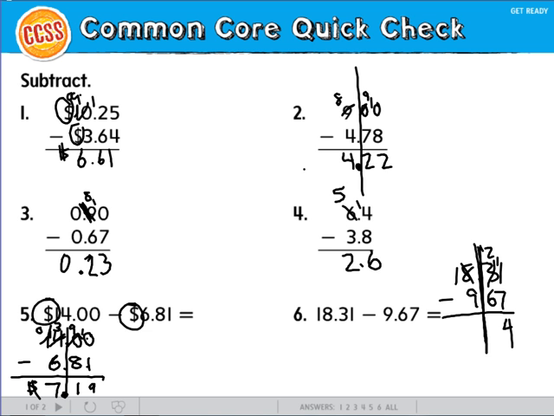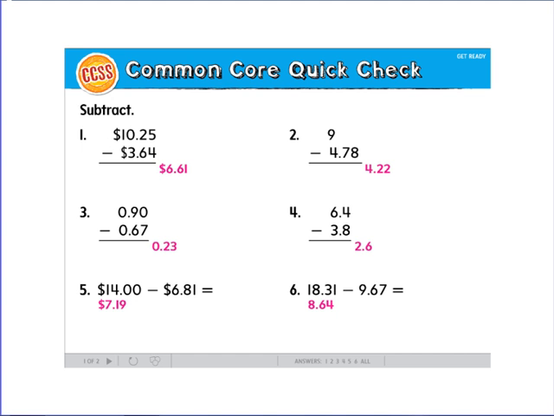Can't do it. 12 subtract 6. 6. 7 subtract 9. Can't do it. 17 subtract 9. 7. 8. There's my decimal. So 8 and 64 hundredths. Okay. Moving on.